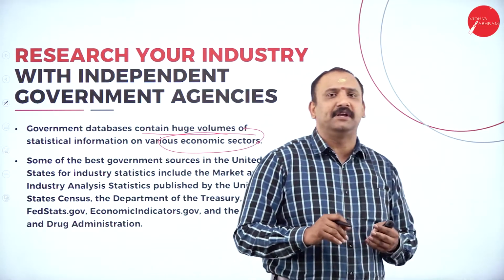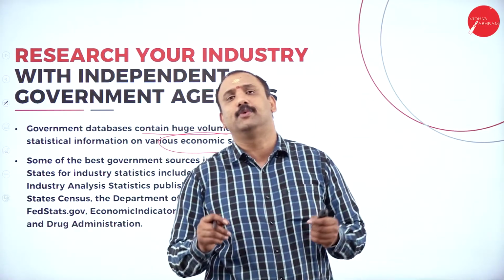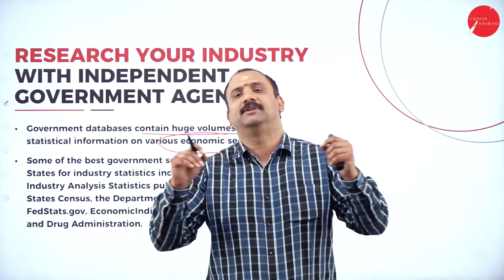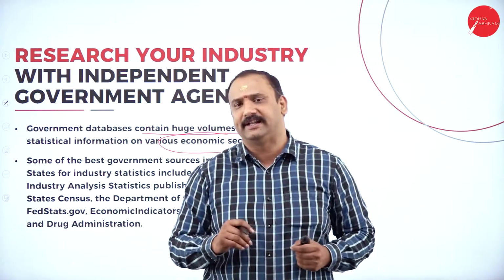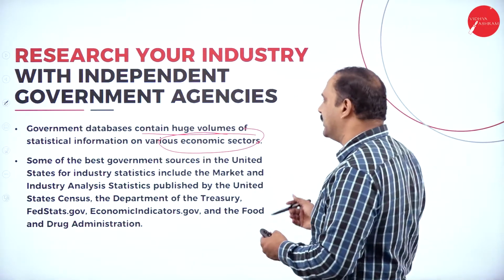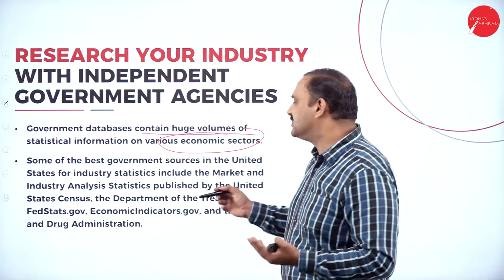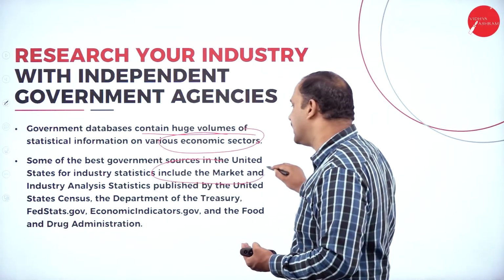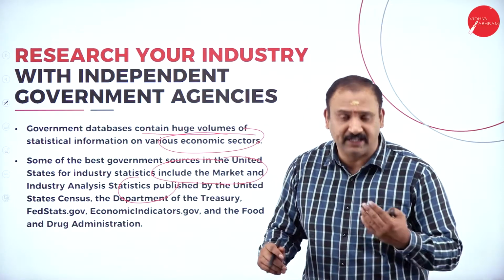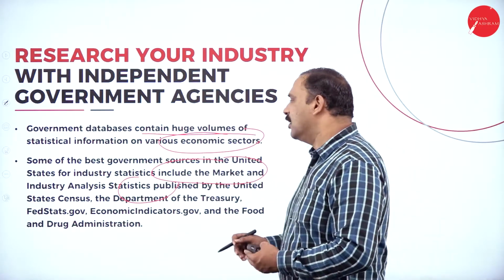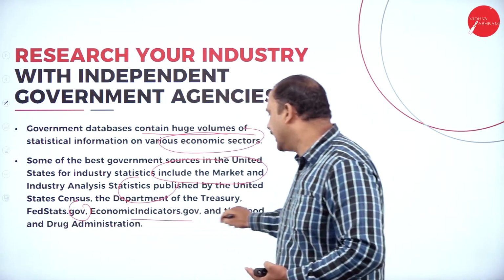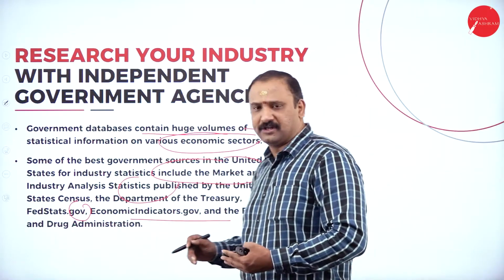So for a person who is going to write that report, he is already covered with an enormous amount of data. Let's say I'm doing it for United States industry statistics. That could include the market or industry analysis statistics published by the US Census itself, the Department of Treasury, the federal stats.gov, economic indicators, and the Food and Drug Administration.